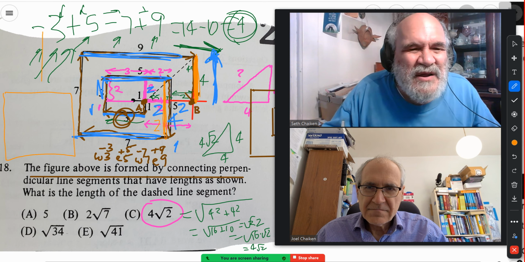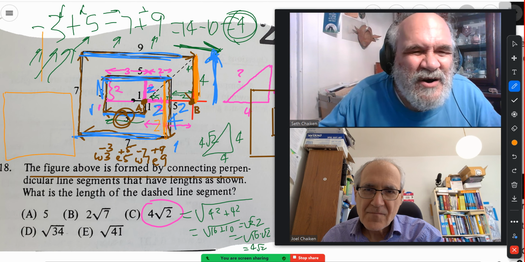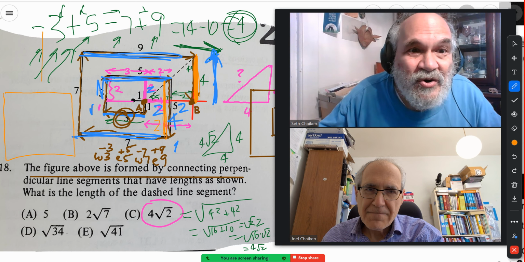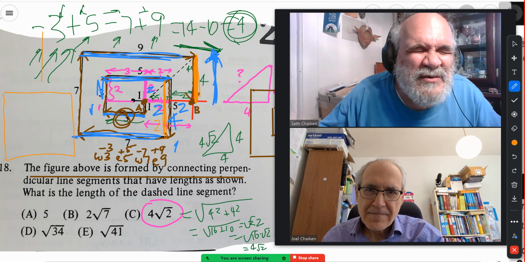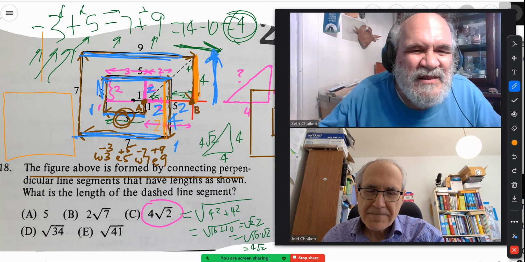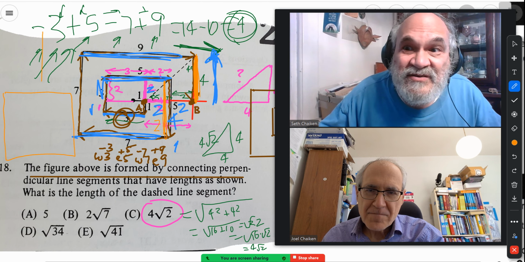So you know that this is going to be horizontal. No, no, no. The two vertical orange lines are vertical because they coincide with lines that are given. Yeah. But the first line that I drew from A to B, yeah.